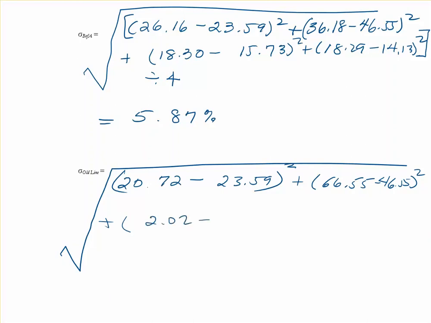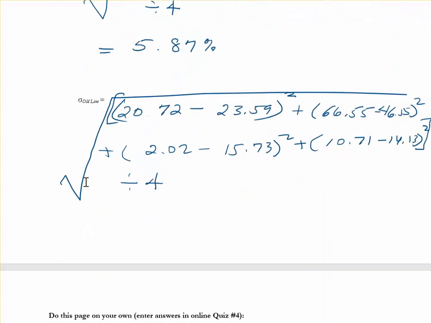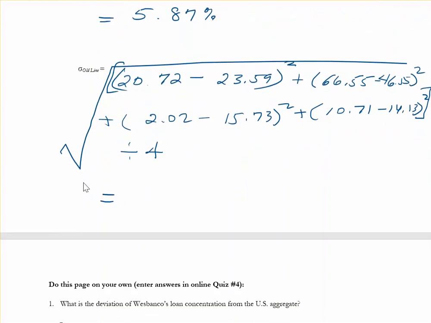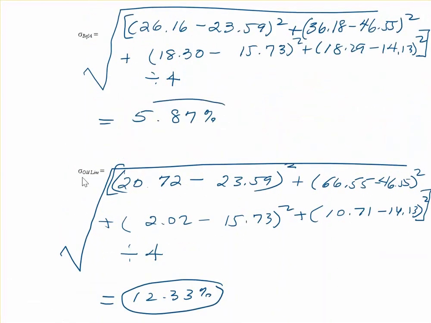Notice Old Line has very little consumer in comparison to Bank of America and the national aggregate. I'm also noticing as we're writing this that it has a lot more commercial. I'm going to divide all of that by the number of loan categories, which are 4, take the square root of all of that, and we get 12.33% deviation.